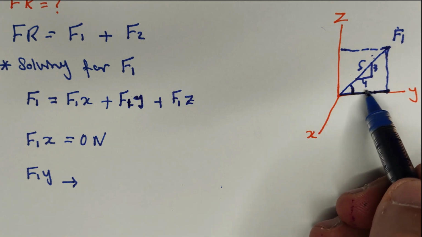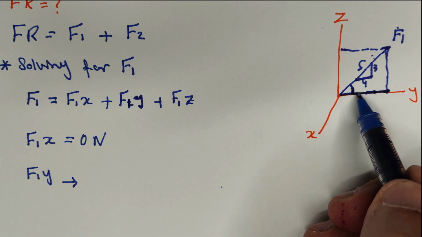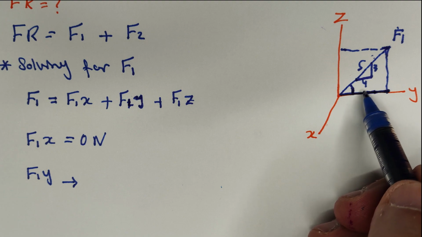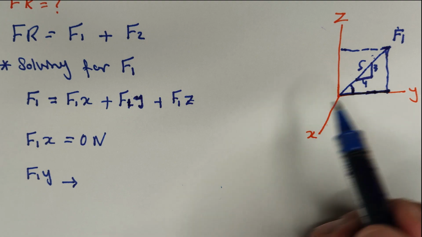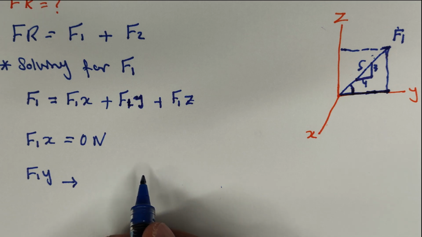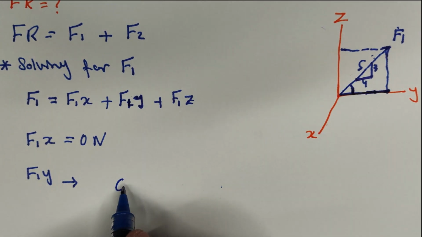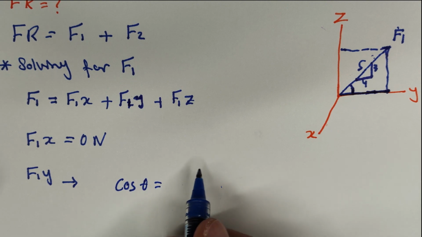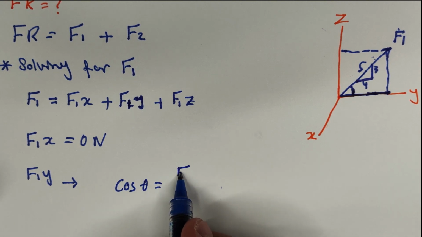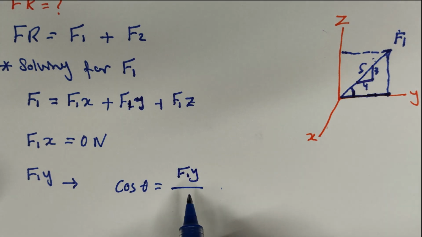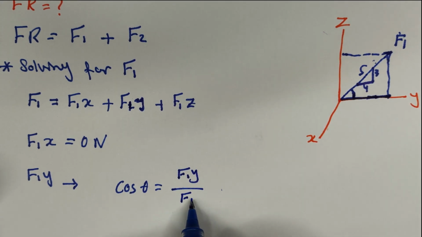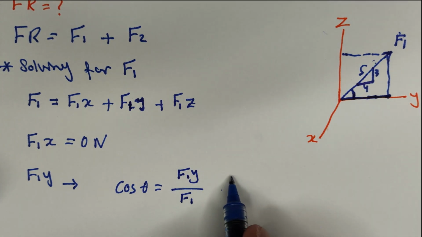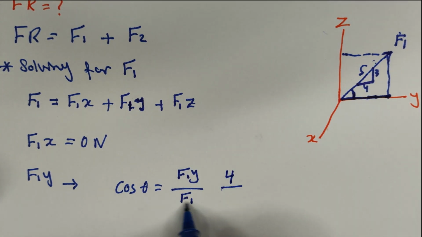We're looking at the side parallel to the Y, which is 4. So cos theta equals F1y, F1 on the Y direction, divided by F1. However, we don't have theta. Therefore, we're going to compensate: parallel to F1y, the side is 4, and parallel to F1 here, the side is 5.